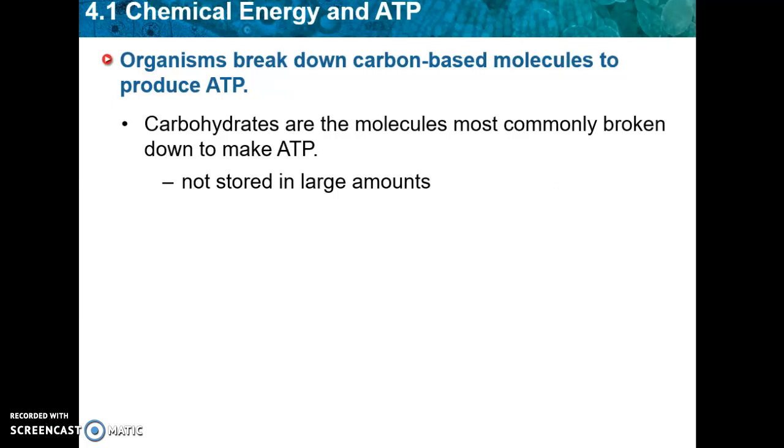That would be like the starch molecule we saw in the very first slide. This is not going to be stored in large amounts. The organism is going to need to be constantly doing this process. It can use up to 36 ATP from one glucose molecule. So from just one sugar molecule, 36 ATP can be obtained.